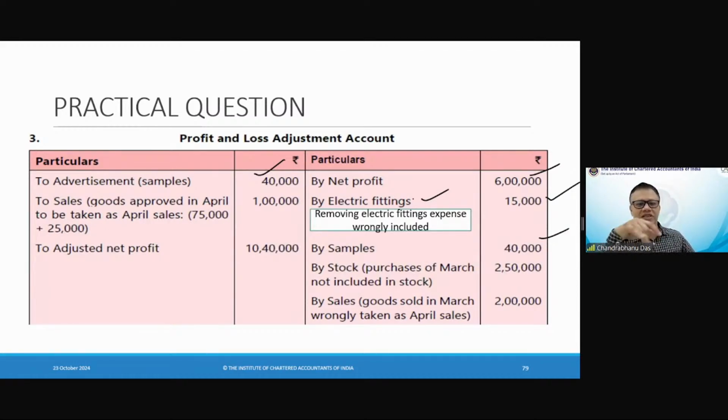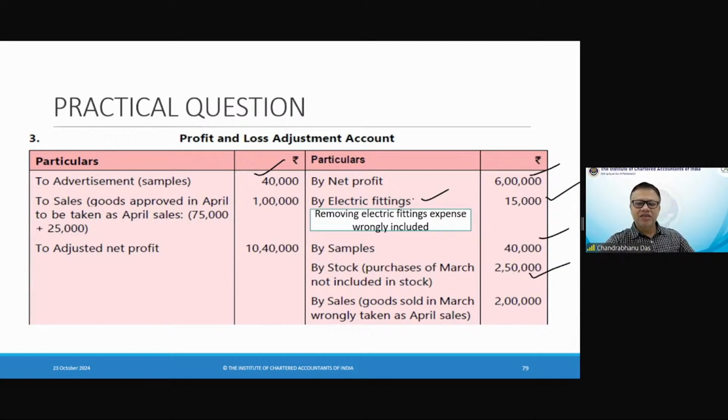So you put it near the closing stock, and in the credit side it has been done, and in advertisement samples 40,000 has been recorded in the debit side, so that it is the actual advertisement expense, which is not recorded. When it is a free sample, it is an expense for us, so it has to be recorded. So it is recorded here and removed out of the inventory, showing the credit entry in the credit column as buy samples.